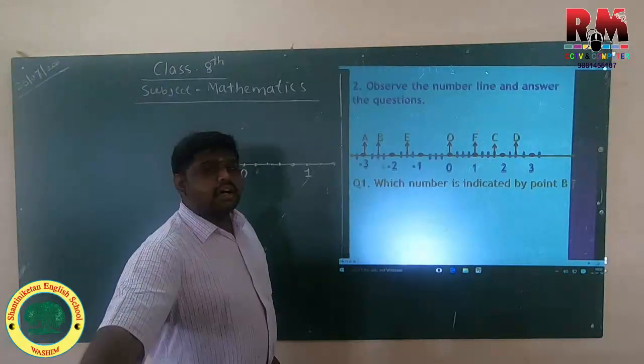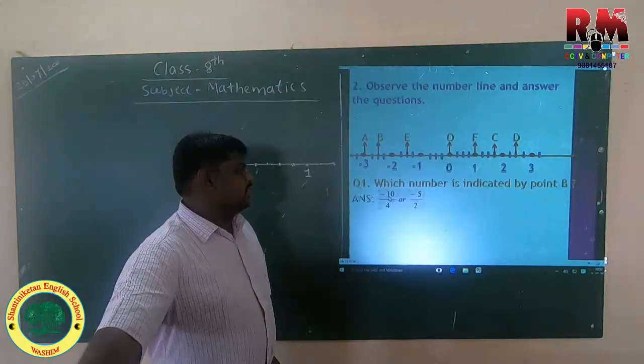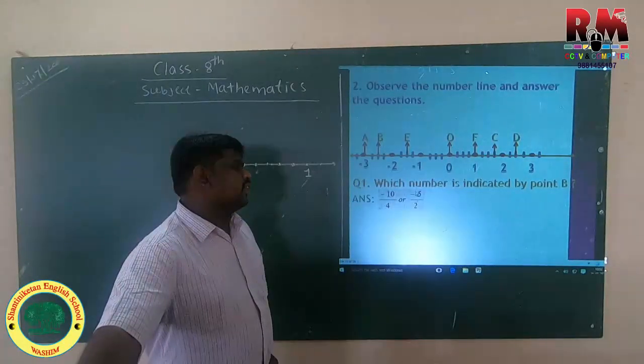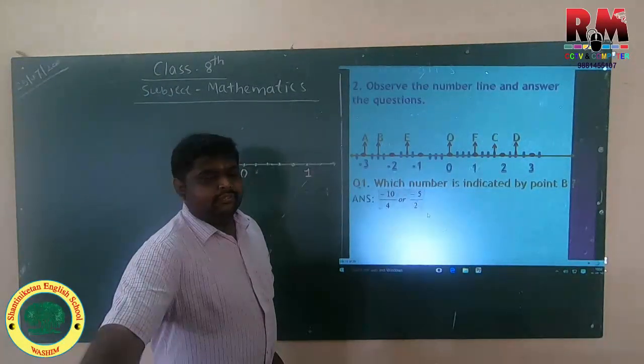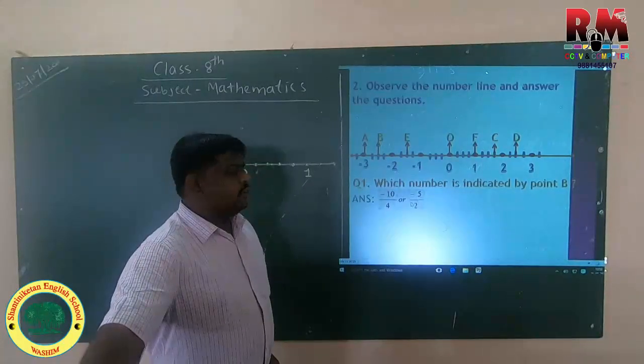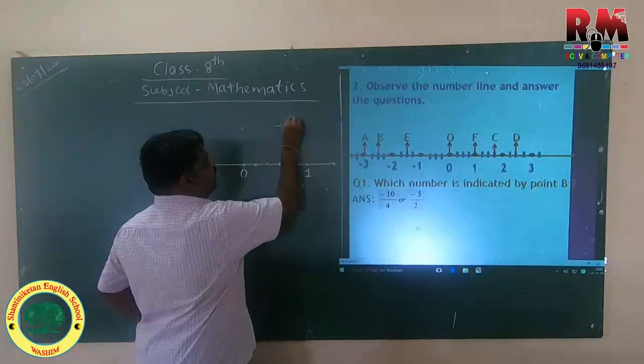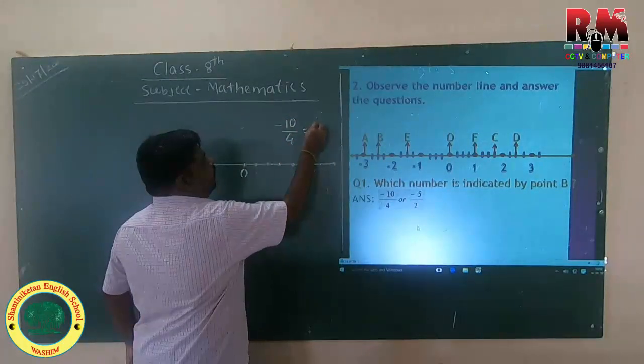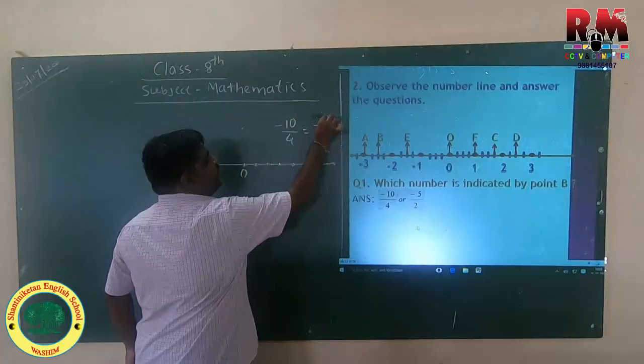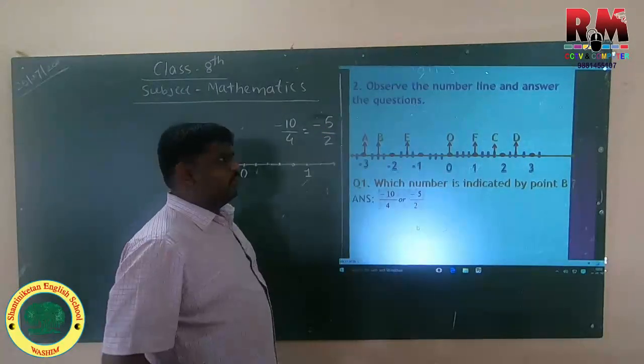So the answer is minus 10 by 4, and in lowest form, minus 10 by 4 can be written as minus 5 upon 2. Dividing numerator and denominator by 2, minus 10 upon 4 becomes minus 5 upon 2.